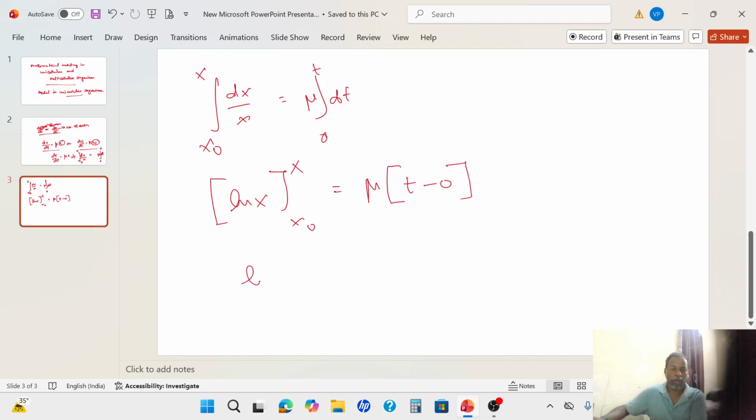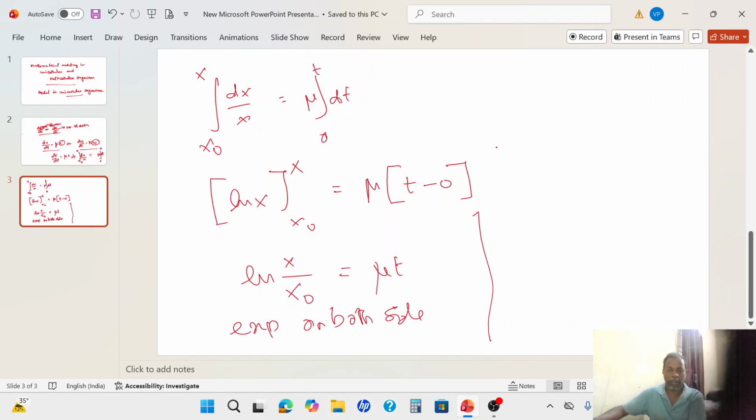So when you are substituting the limit, this can be written as ln x by x naught is equal to mu t. Taking exponential on both sides, this equation is going to form exponential of ln x by x naught is equal to e power mu t.